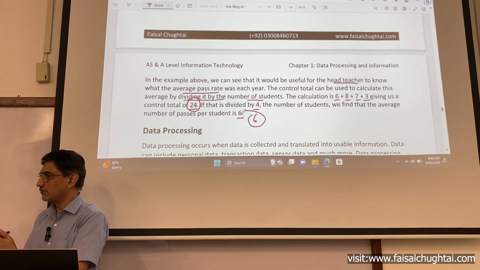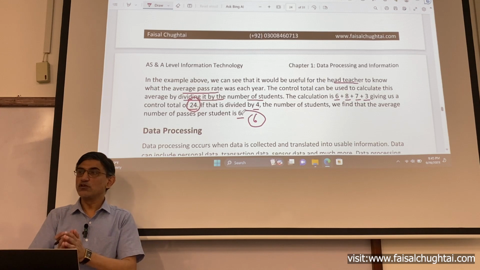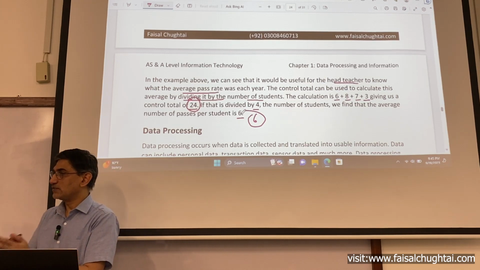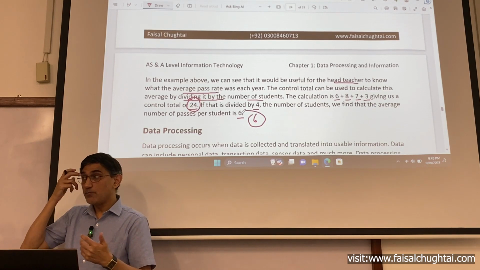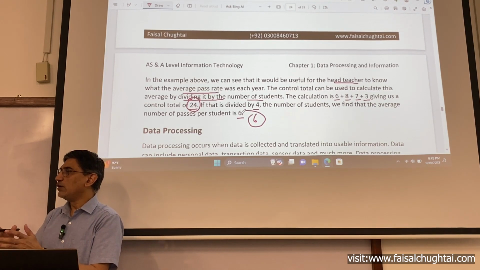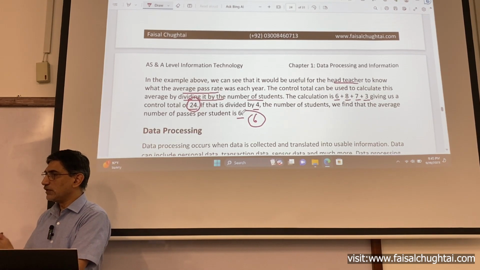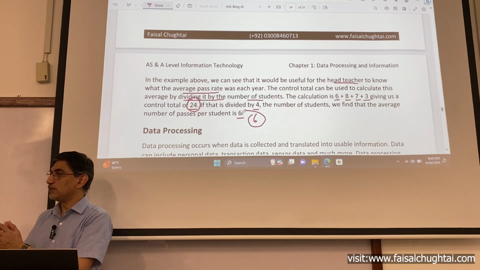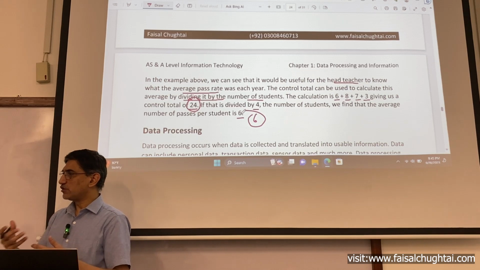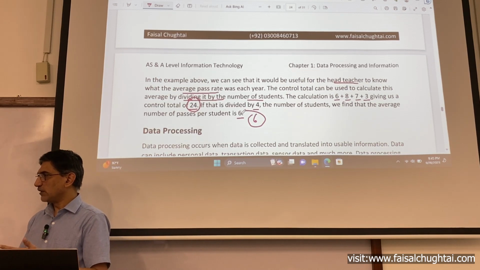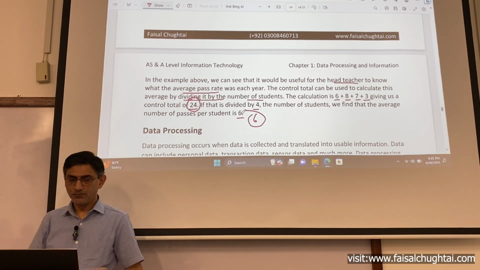There's a very slight chance of that happening. But of course, the chance is there. We cannot say that it cannot happen. It can happen no matter how small the chance might be. But largely most of the data would be checked through these methods, and of course it would be helpful.